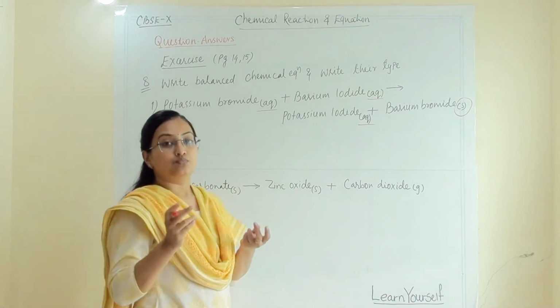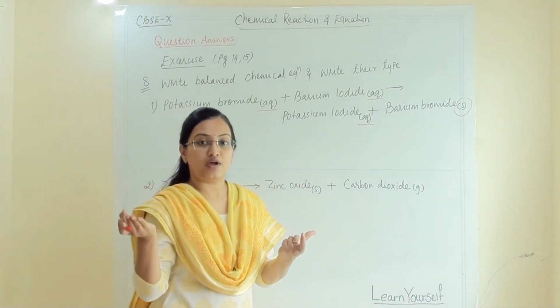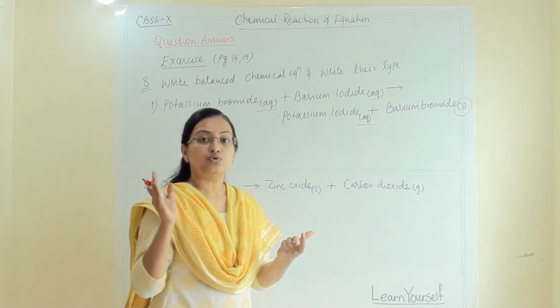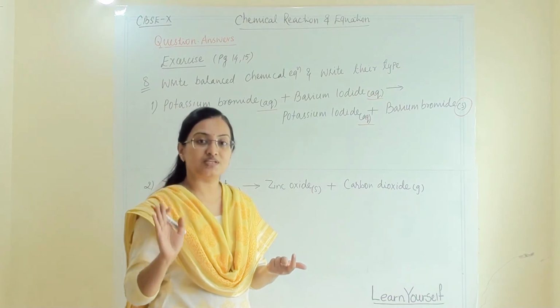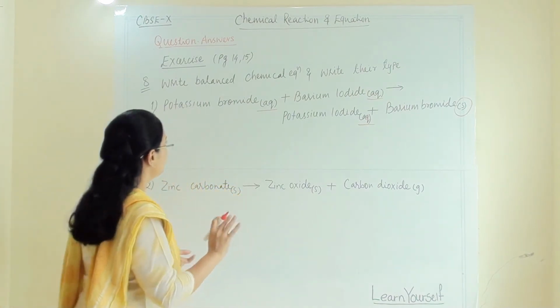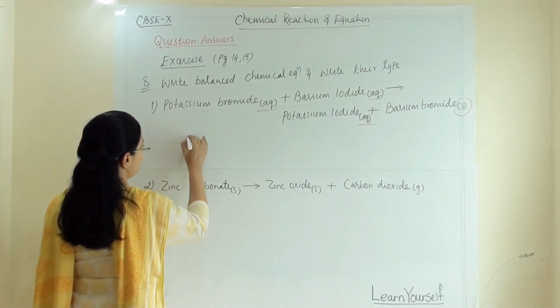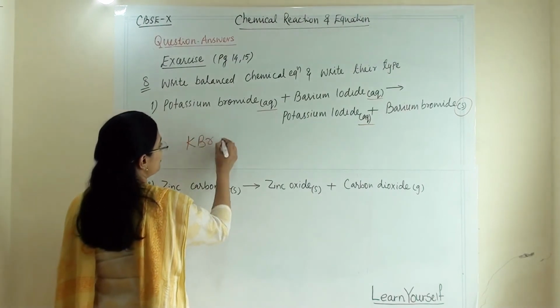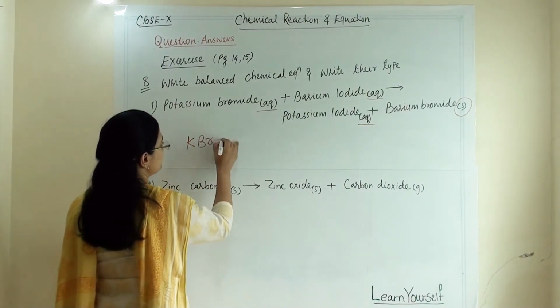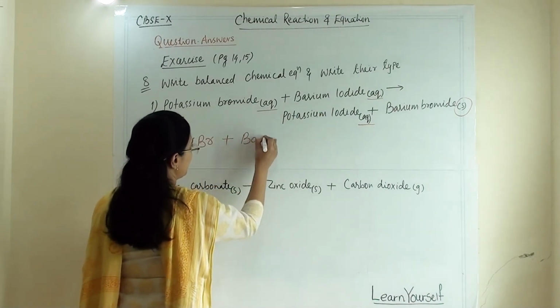So when both reactants are liquid and on the product side one product is liquid and another is solid, it is termed a precipitation reaction. Our reaction will be potassium bromide, KBr, both combining capacities 1, plus barium iodide, BaI2.